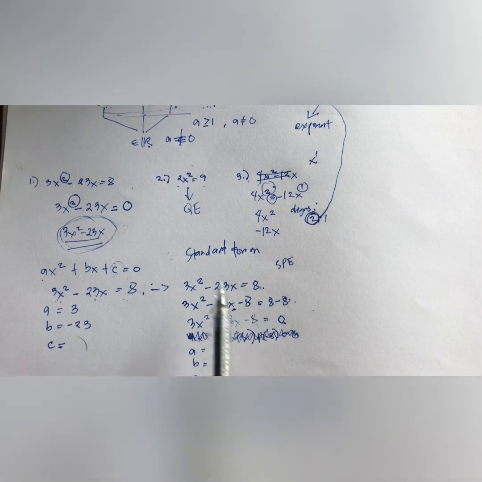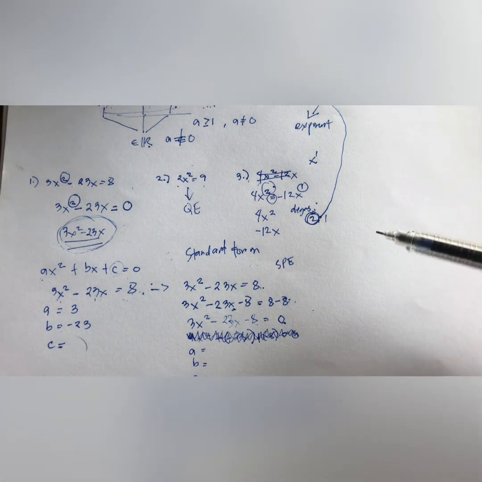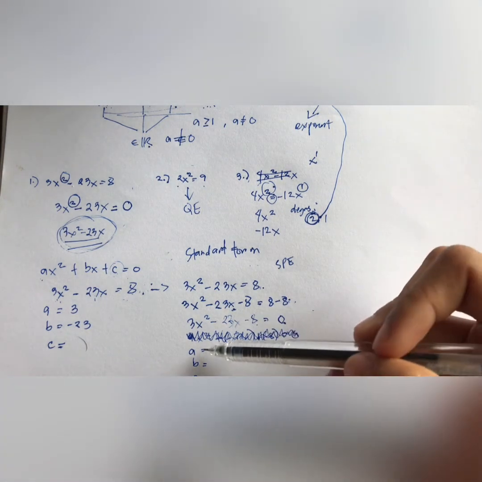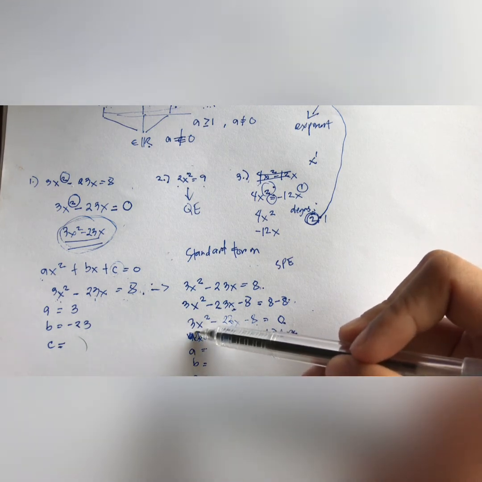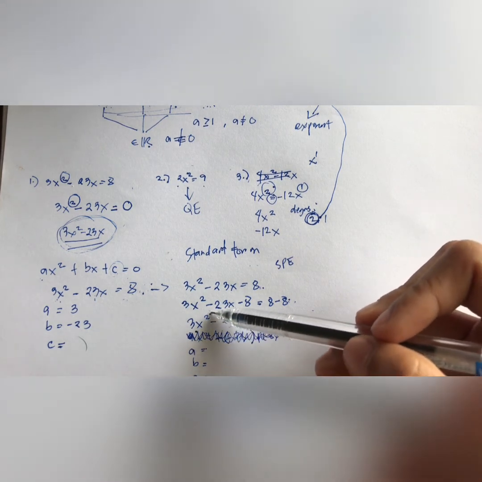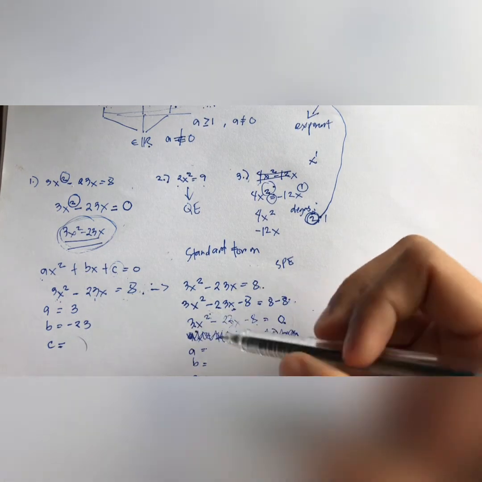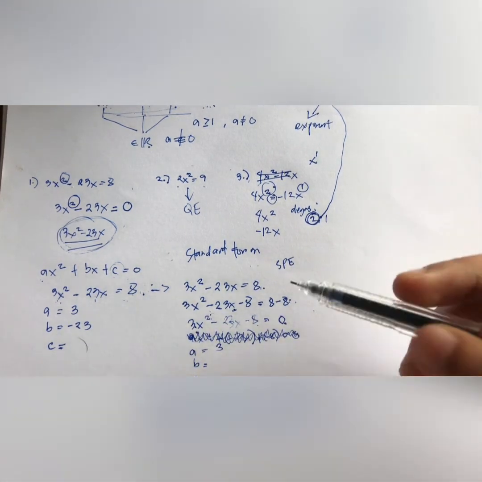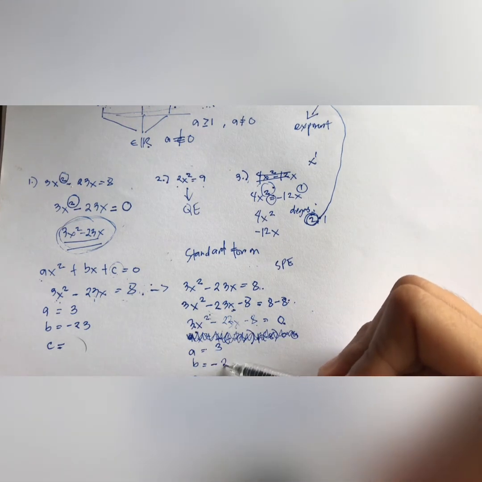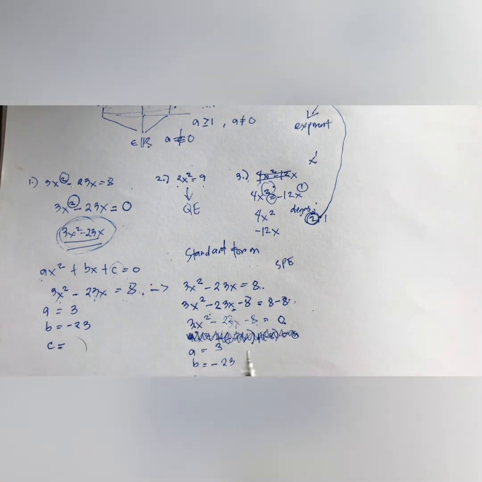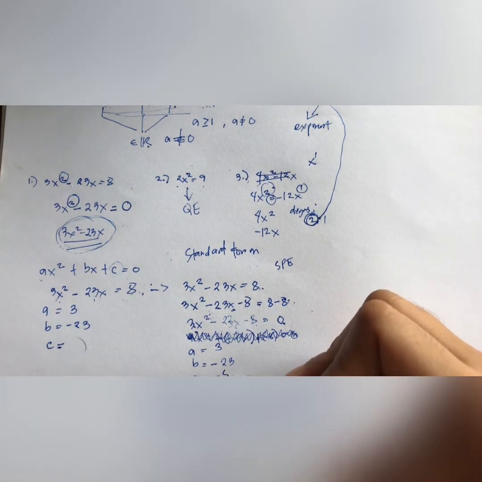So, basing on the given definition of the standard form ng quadratic equation, hanapon nato ang values ni a, b, ug c. Simple ra. Our first term, which has the highest degree, x squared, or 2 ang highest degree, so the value of our a is 3. The value of our b, that's negative 23. So, ang value ng ato c, that is negative 8.